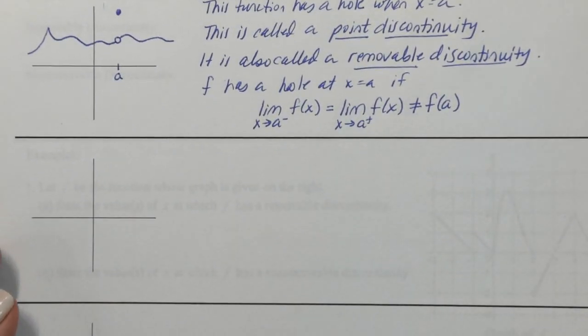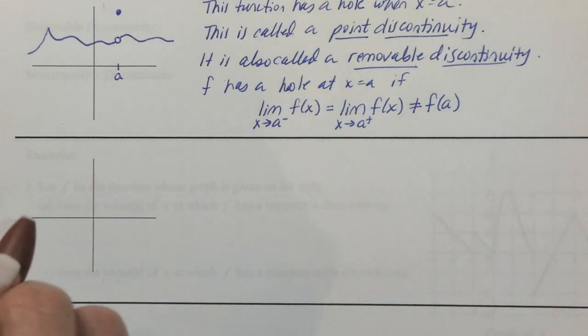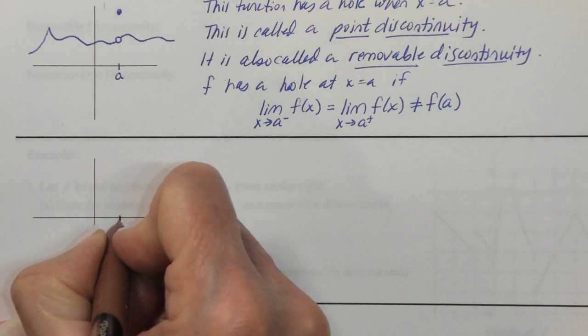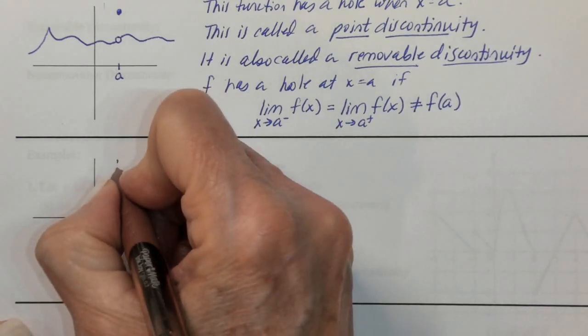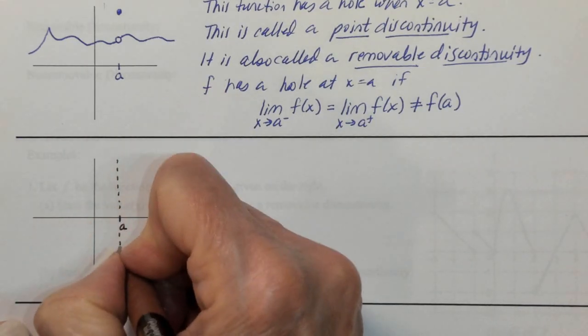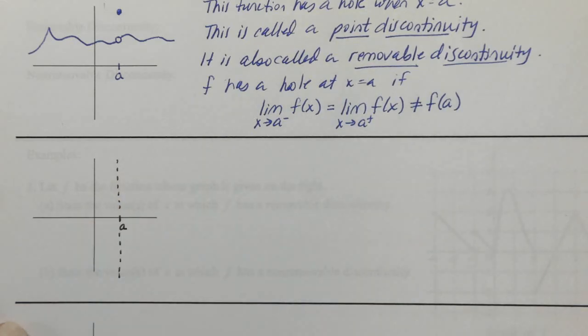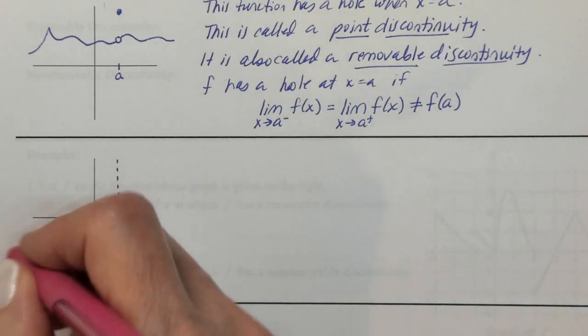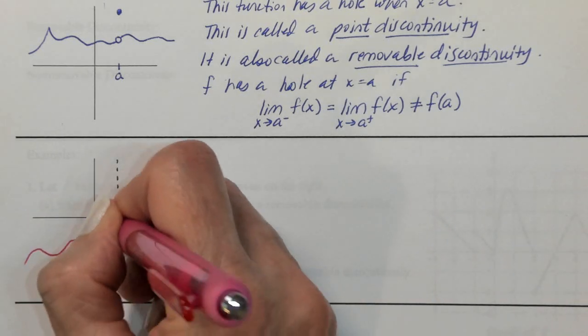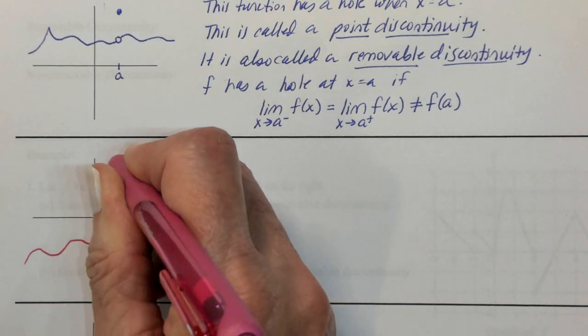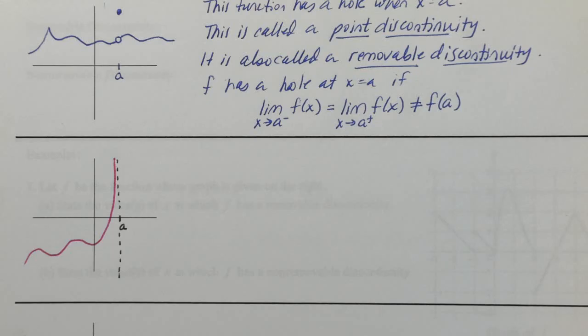The next one is when we have a vertical asymptote. So again, I'm going to denote my little x equal to a. I'm going to draw a little vertical asymptote here, and I'm going to draw my graph. It can be anything coming up to it, but right here, let's say that it's going to positive infinity.